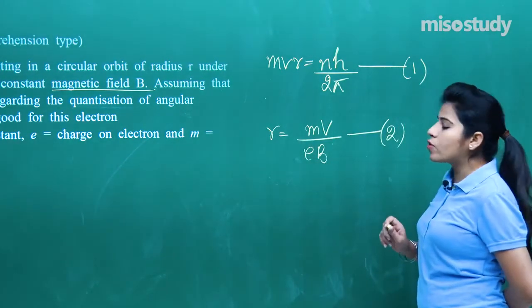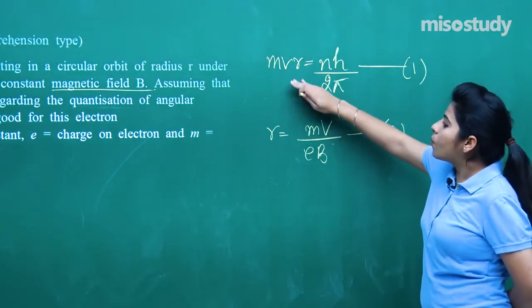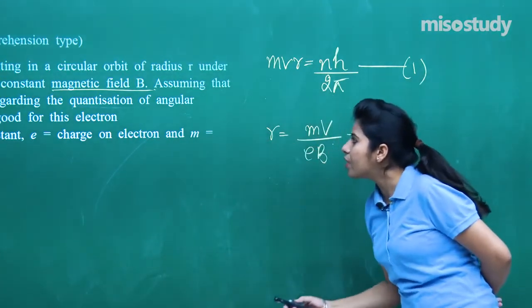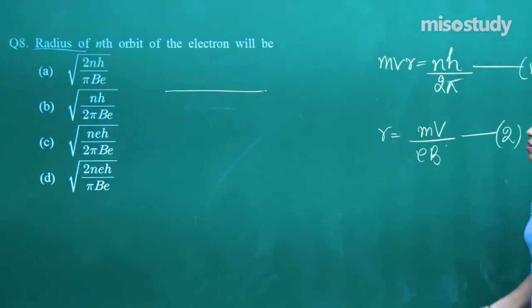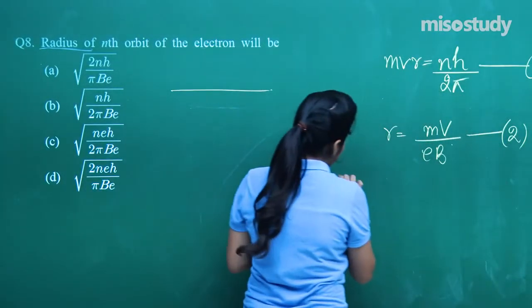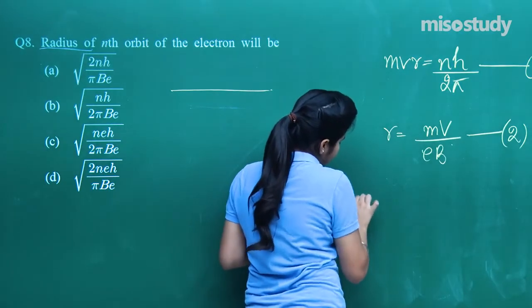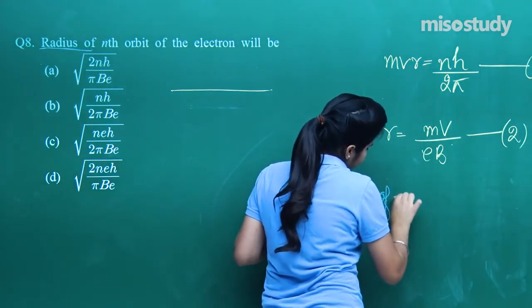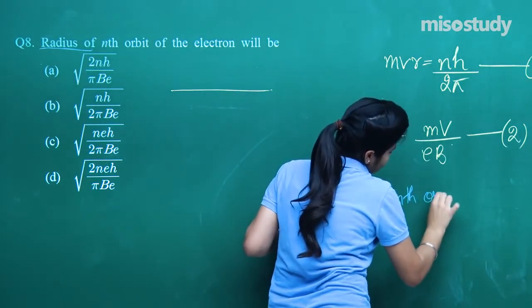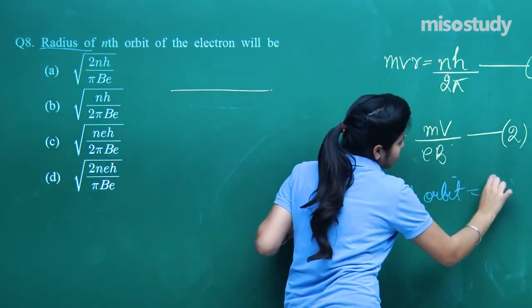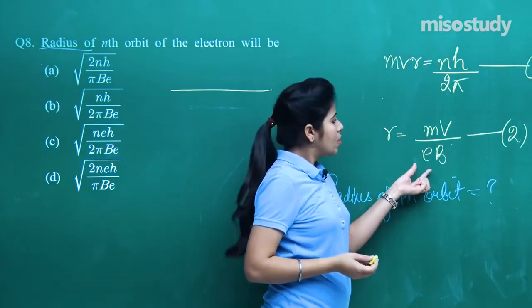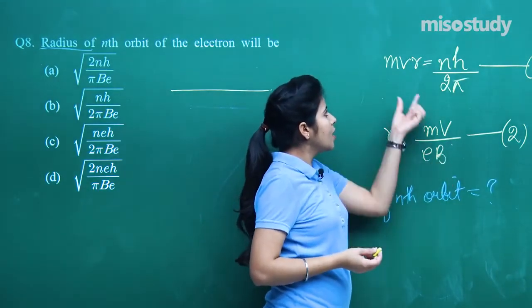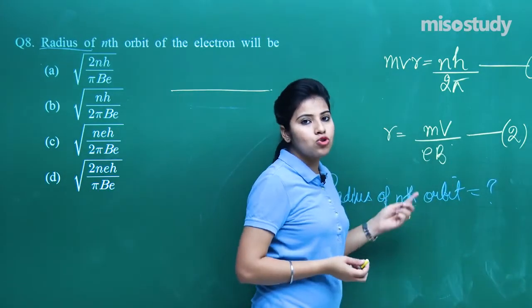Now from here, since we have to find the value of the radius of the nth orbit, it can be found as follows. You have two equations before you: r equals mv upon eB, and mvr equals nh upon 2 pi.